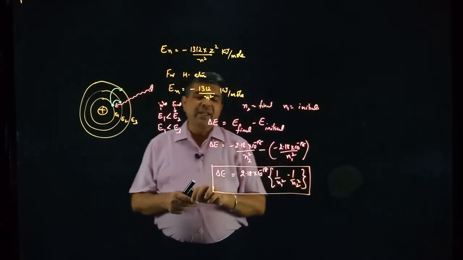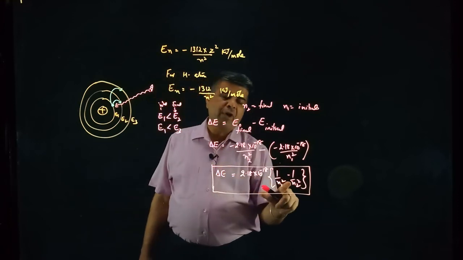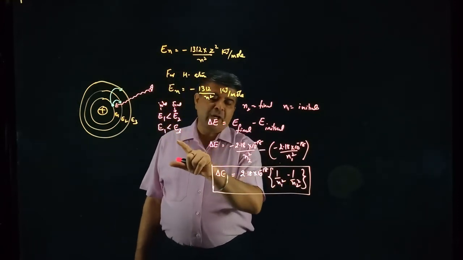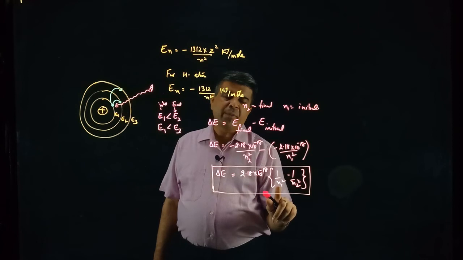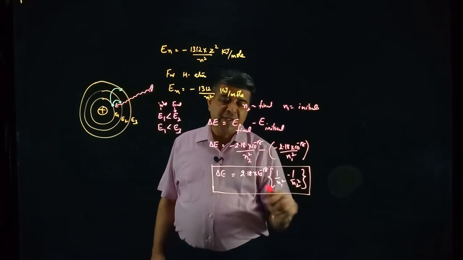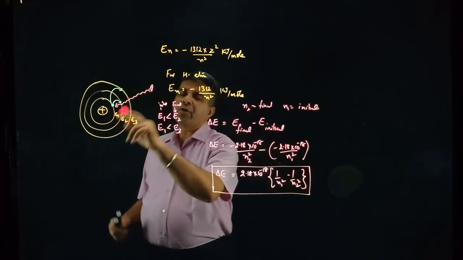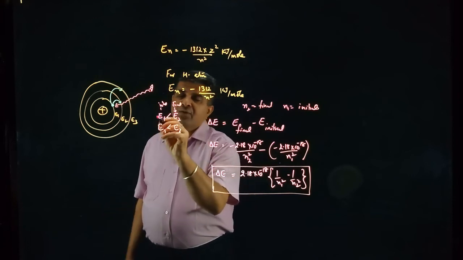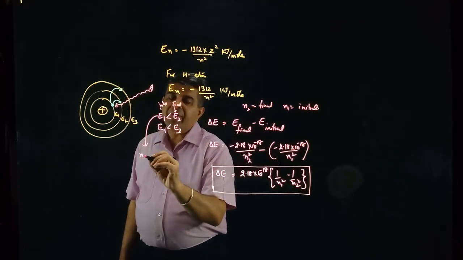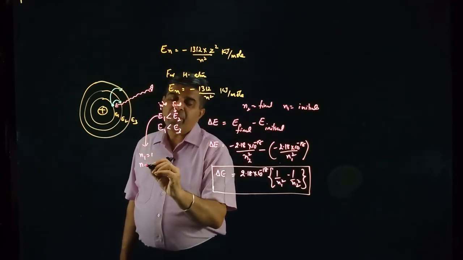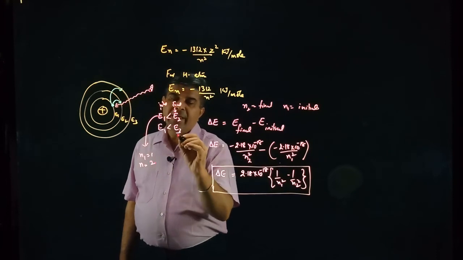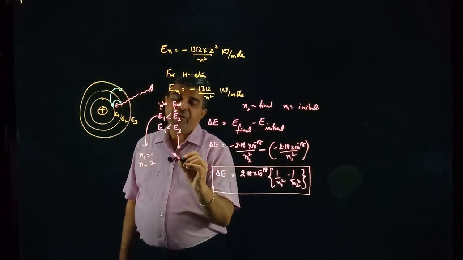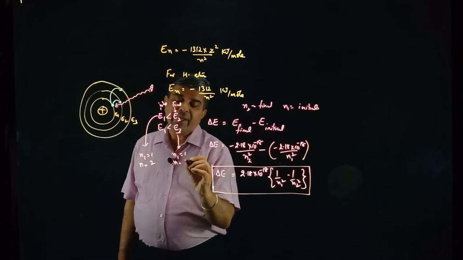Now say if the electron is to be moved from the first orbit to the third orbit, N1 would be 1 and N2 would be 3. If we are carrying out a transition from the first orbit to the second, N1 would be 1 and N2 would be 2. And in this case, N1 would be 1 and N2 would be 3.